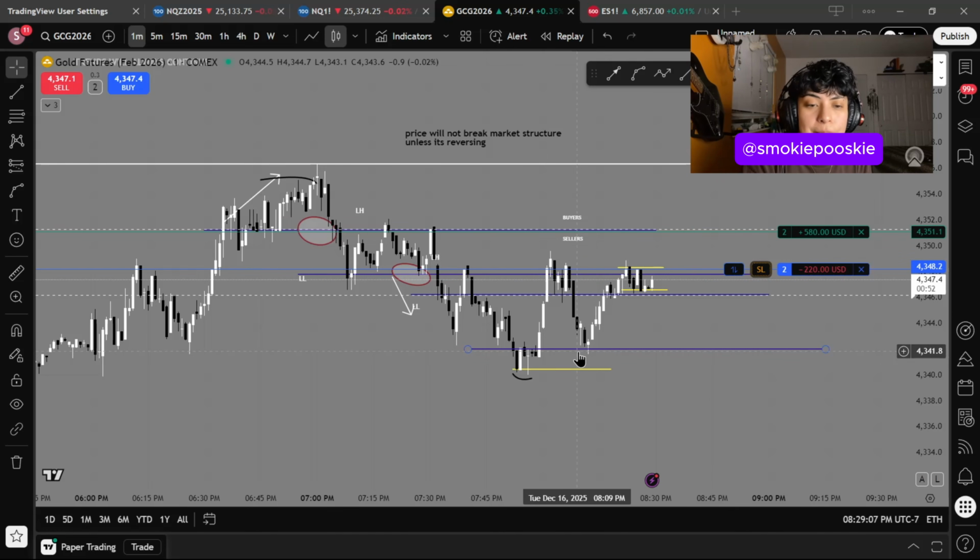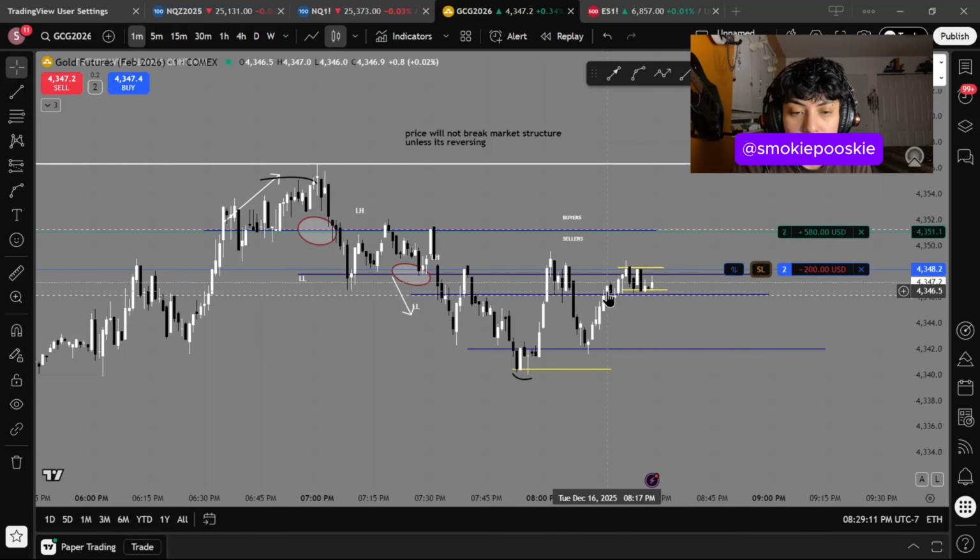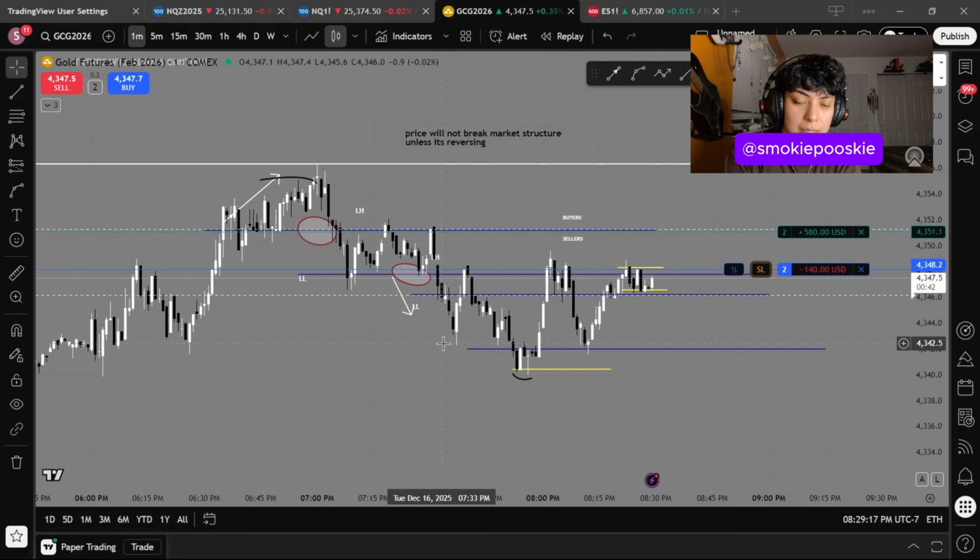And so what did price do? It bought all the way up to here, and it refused to break this 1 minute low. Remember, we're treating the 1 minute time frame like it's the daily time frame, because we already did our due diligence with analyzing the 1 hour, the 4 hour, the daily, and all that. So now we have the ability to do the same exact thing to the 5 minute and the 1 minute.